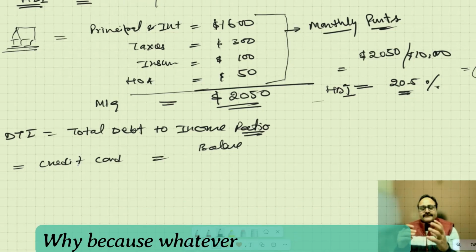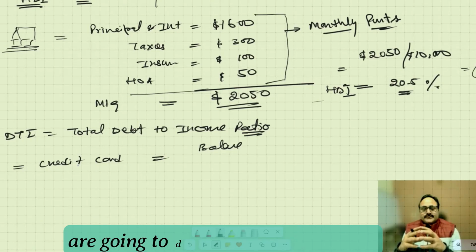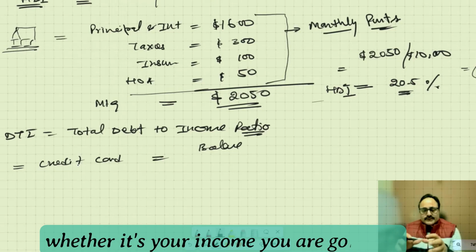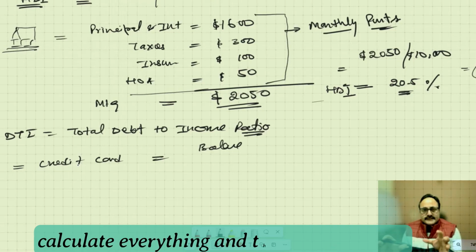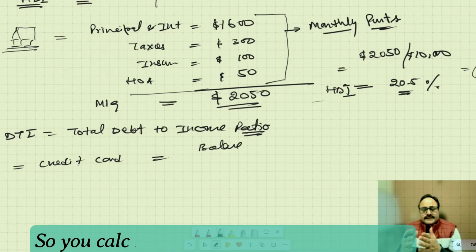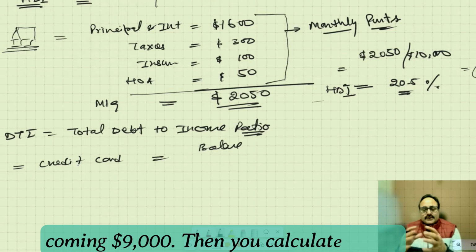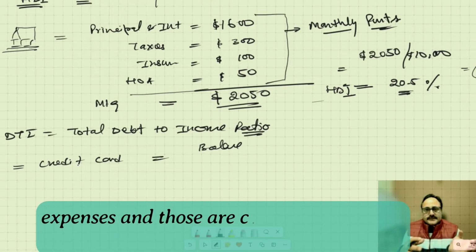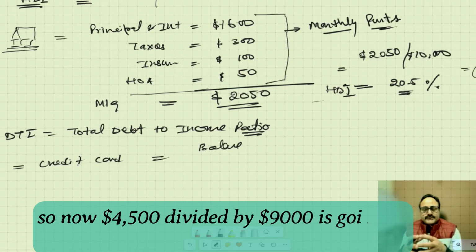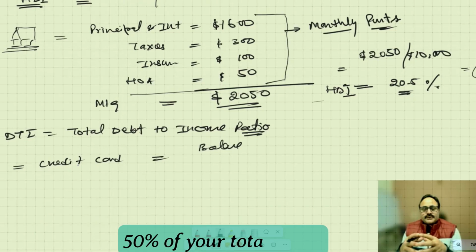Why? Because whatever calculation you do, whether it's expenses or your income, you are going to calculate everything, and then bring it to calculate your DTI. So you calculate the borrower's income, and that comes to 9,000. Then you calculate all the expenses, and those come to like 4,500. So now 4,500 divided by 9,000 is going to be 50% total debt to income.